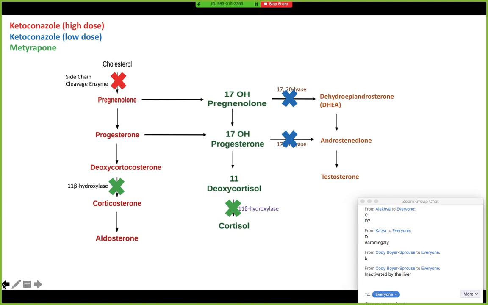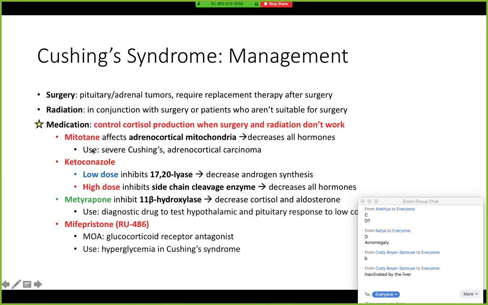And then the other two are mitotane, which I wasn't able to put on the picture because it's actually acting at the adrenocortical mitochondria. So again, you're seeing a decrease in the release of all hormones. And this is indicated for someone with very severe Cushing's or who has an adrenocortical carcinoma.